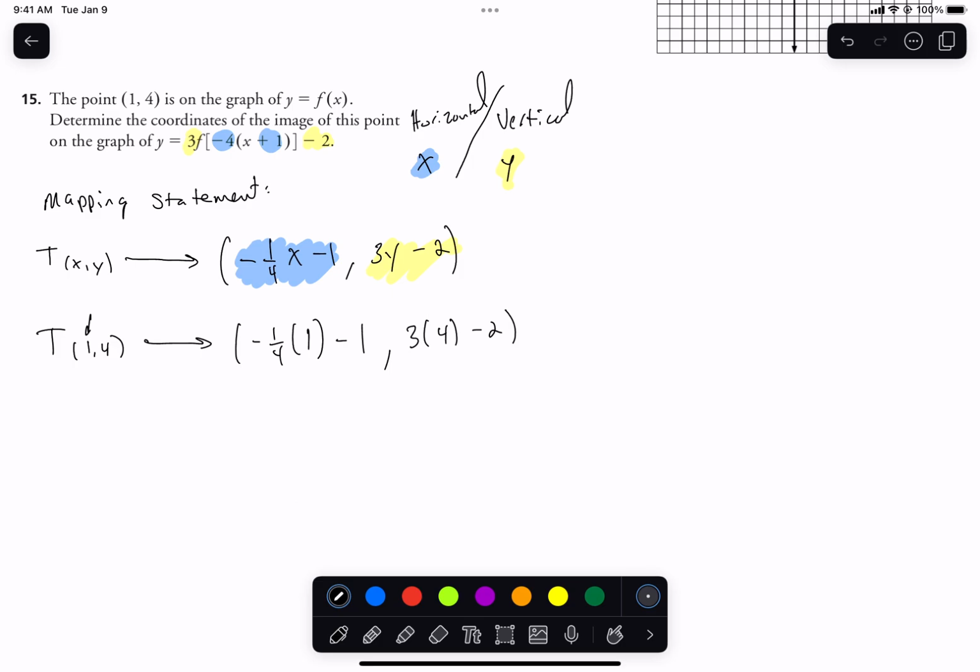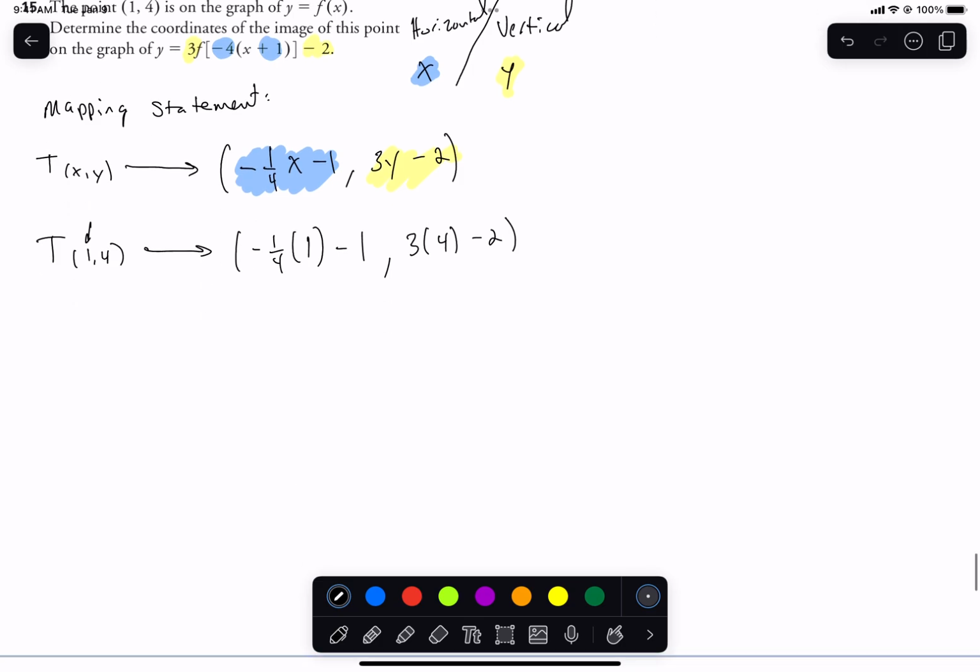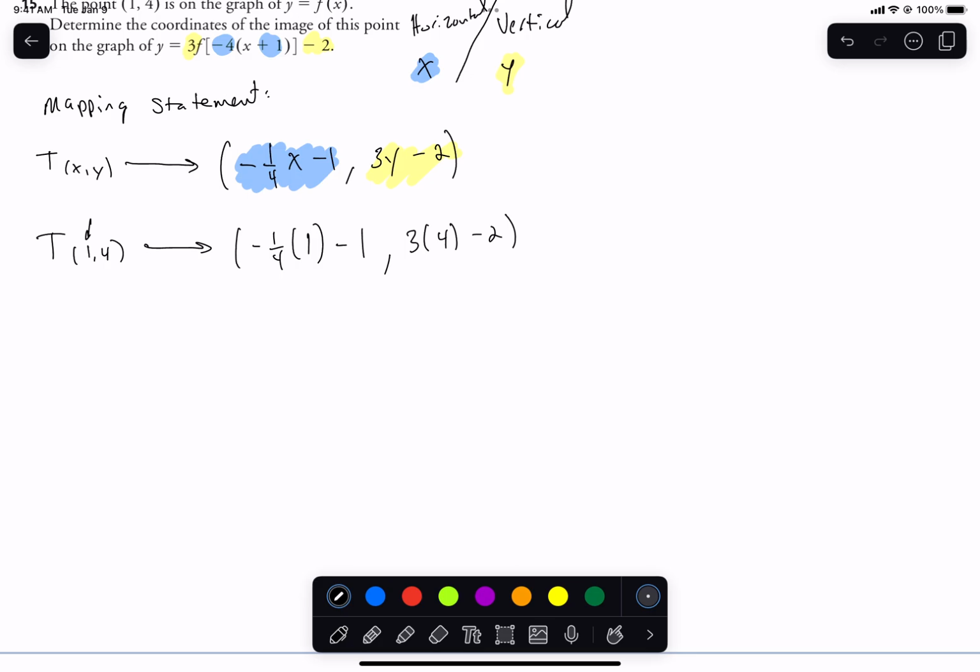So now I can just do some math, right? So we're going to get, this transforms into -1/4 minus, well, we can do 1 is just going to be -4/4 if I were looking for a common denominator, as I need to, and then 12 minus 2. So we get -1 take away 4.